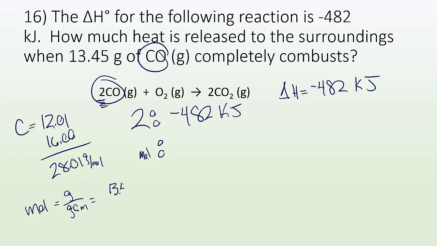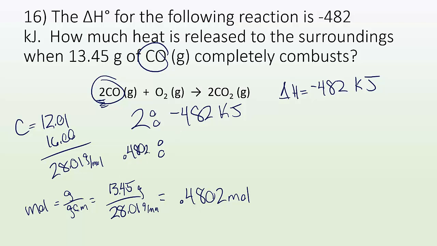So 13.45 divided by 28.01 grams per mole, and I end up with 0.4802 moles. So I plug that in up here. 0.4802 moles gives me X, cross multiply like we've been doing and divide, and I get X to equal negative 116 kilojoules. All right, cool.